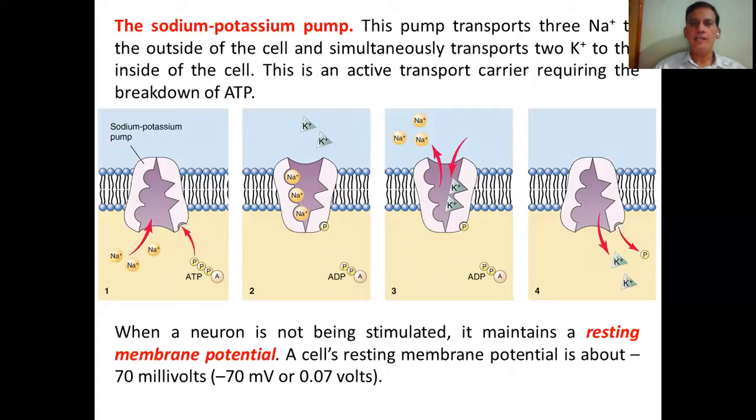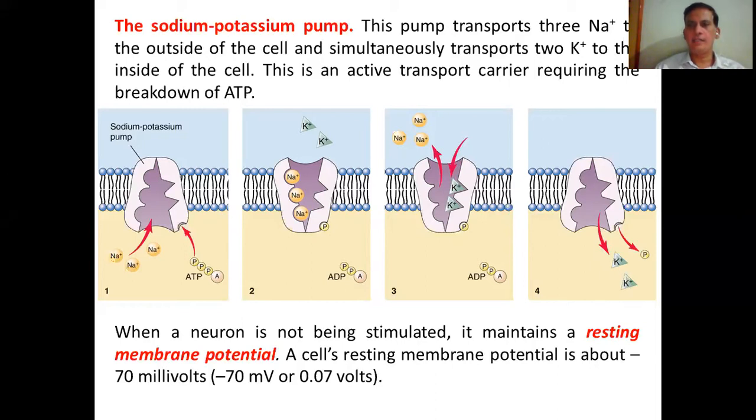So when there is no stimulus, so no impulse being received by the neurons, at that particular time the neurons have a charge which is known as the resting membrane potential.